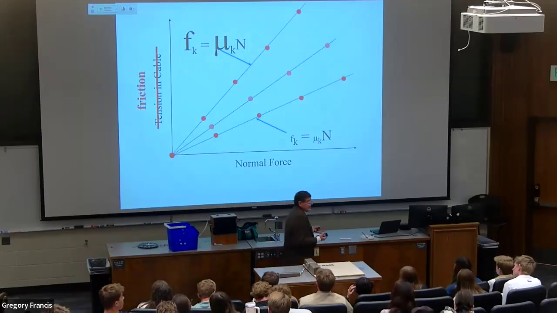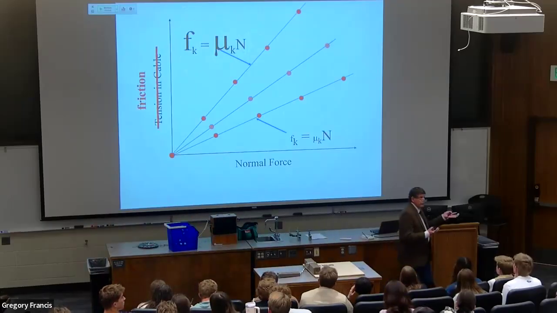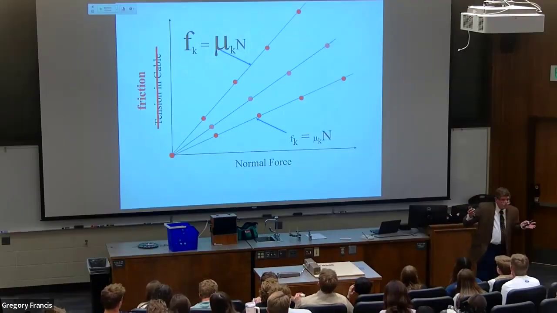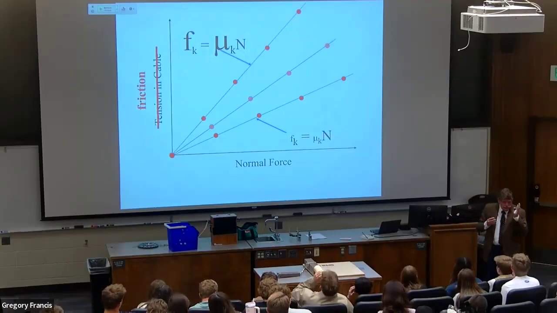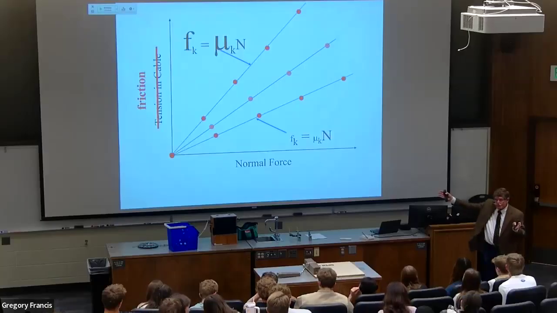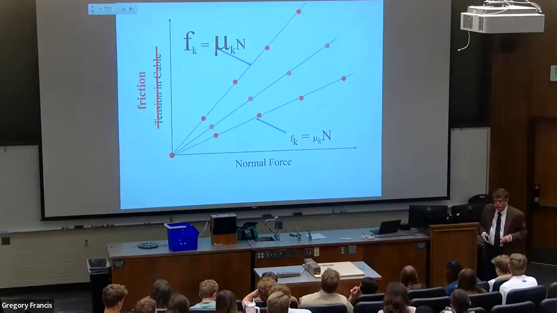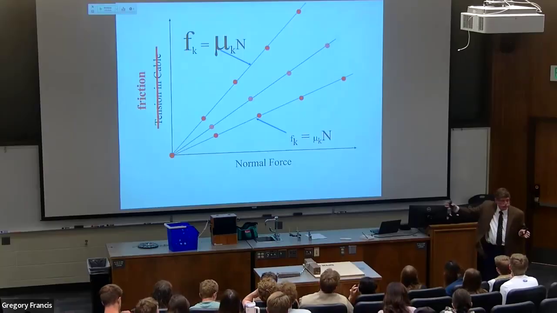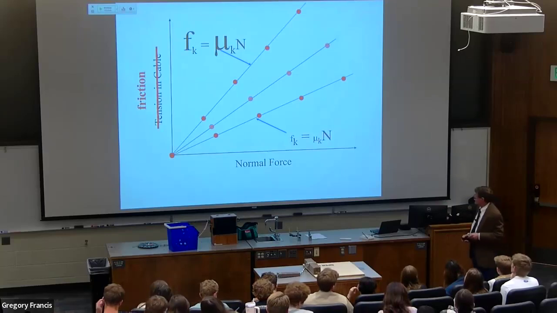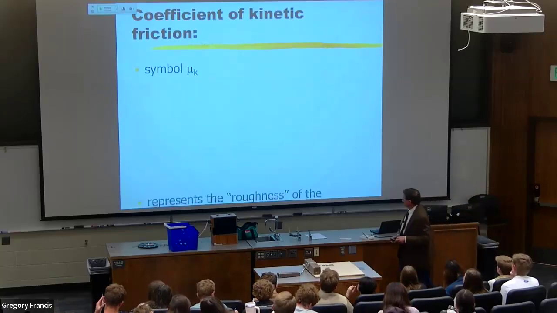And some people mistakenly believe it's a number between 0 and 1. Not true. It's a number that's bigger than 0 and above, but you can make it as big as you want if you use super glue, okay? So it doesn't have to end at 1. It can get big. Okay.